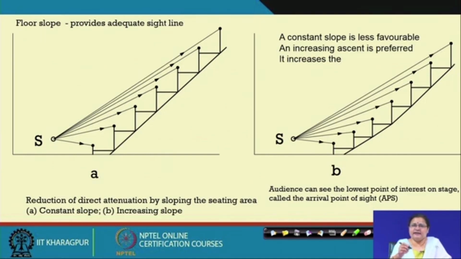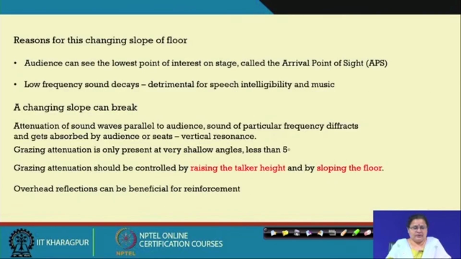But this has another advantage. We will see that in a few minutes. So, reasons for changing slope of the floor is audience can see the lowest point, which I had already discussed, which is the point of interest, lowest point of interest, that is the arrival point of sight, and low frequency sound decays as we had discussed while talking grazing attenuation.